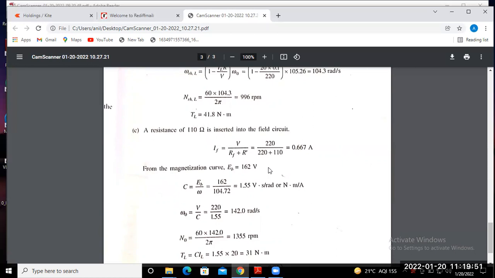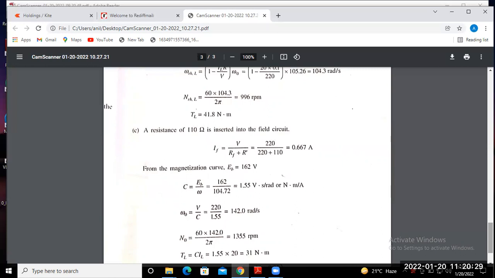Now we want to find out the full load angular velocity in radian per second. So omega L equals, again put in this formula, 1 minus ILR by V into omega 0. So put the value of omega 0 equal to 142, and ILR and V. So 1 minus 20 into, what is the value of armature resistance? 0.05, is it not?